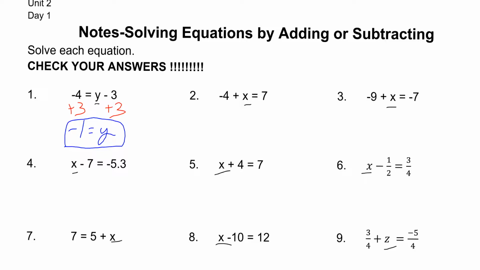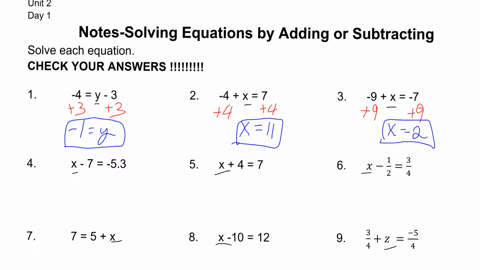So we add 4 to both sides of this, and that's going to make it to where we have x equals 11. Much the same for number 3. We're going to add 9 to both sides, and by adding 9, that is going to cancel with the 9 on the side with the x and leave us with x equaling 2.